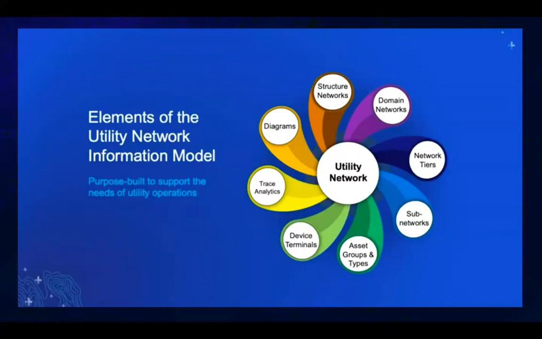And then diagrams comes back to where we're referring to the products that are produced for consumption. And so sometimes it might be harder to read something in a map format, but a diagram is easier to be consumed. So this is a high level summary of the elements of the utility network information model.